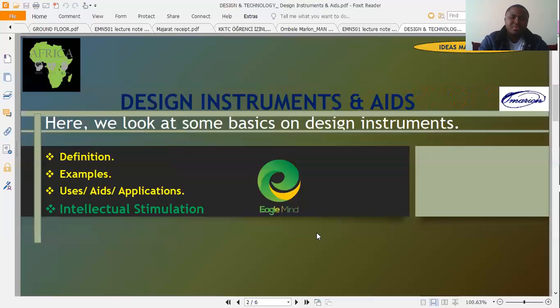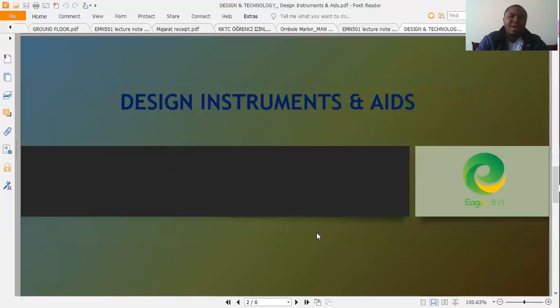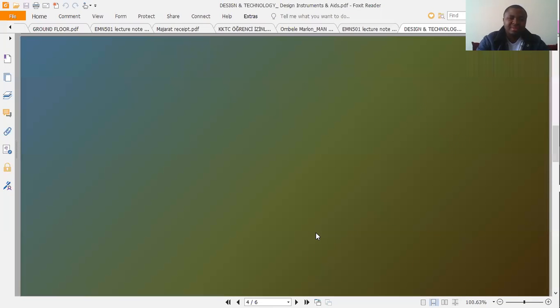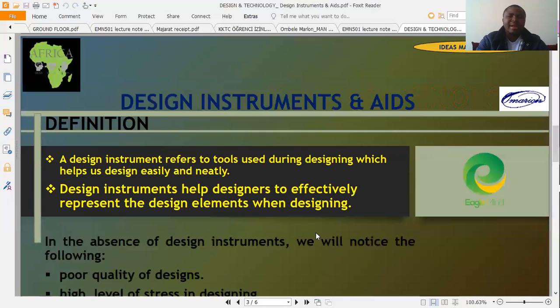So to begin with, we're going to have the definition of what a design instrument is, right? And so, like I said earlier, design instruments are simply those tools that enable a designer to design neatly and easily. Because trust me, the value, the worth of your design is proven in its neatness.